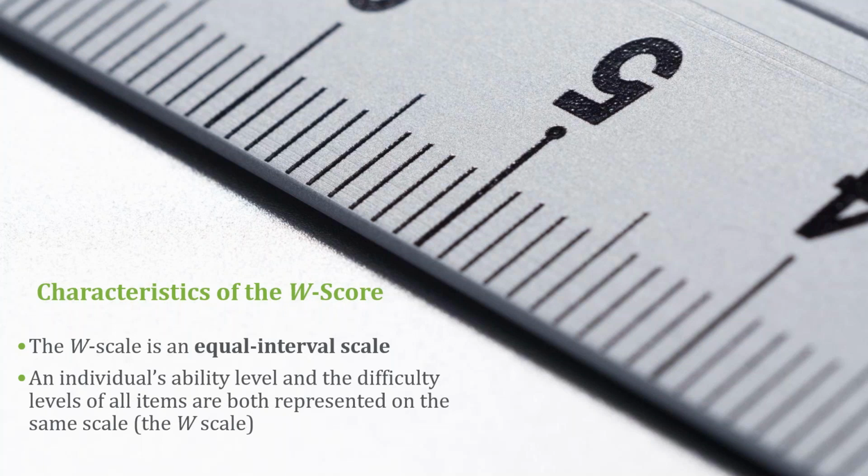A person's ability level in a measured trait and the difficulty levels of all items are both represented on the same scale, which is the W scale, allowing them to be used as factors within the same mathematical calculations. This characteristic provides a particularly convenient set of predictive relationships based on the difference between a person's ability and item difficulty along the scale.